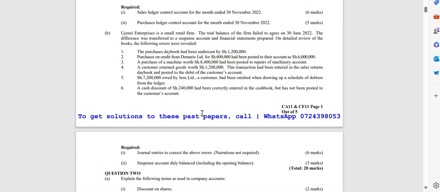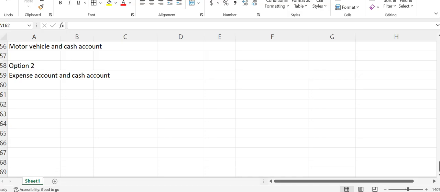Other scenarios will be provided with a trial balance so that the total in the debit side and the total in the credit side maybe will not be the same. So what do you do? You just get the difference. And if that difference was affecting the credit side, you open a suspense account and you take it to the credit side. If that balance was affecting the debit side, you open a suspense account and you take it to the debit side. So for this one, let us do it.